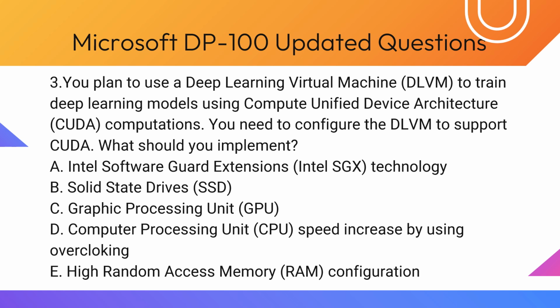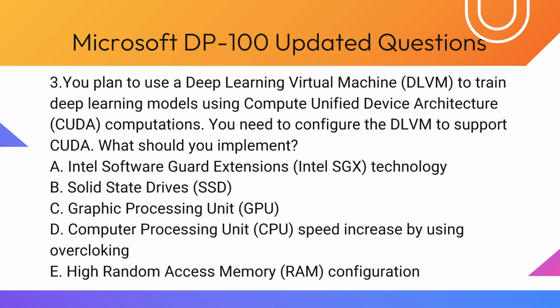3. You plan to use a deep learning virtual machine (DLVM) to train deep learning models using Compute Unified Device Architecture (CUDA) computations. You need to configure the DLVM to support CUDA. What should you implement?